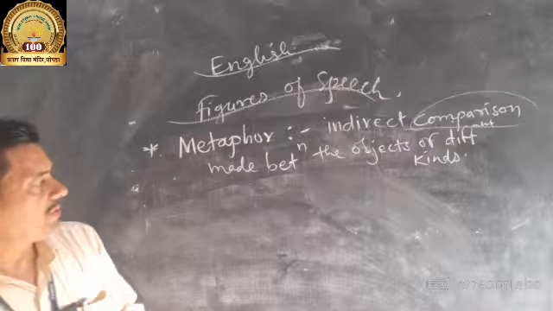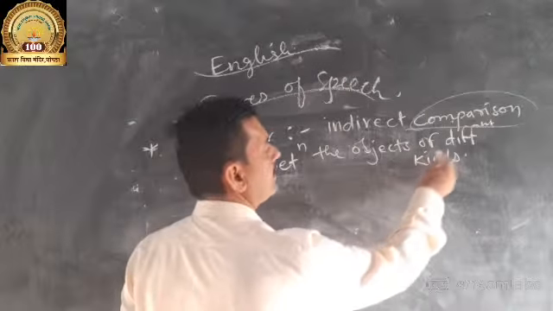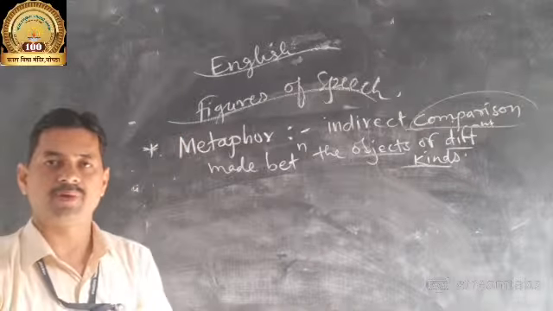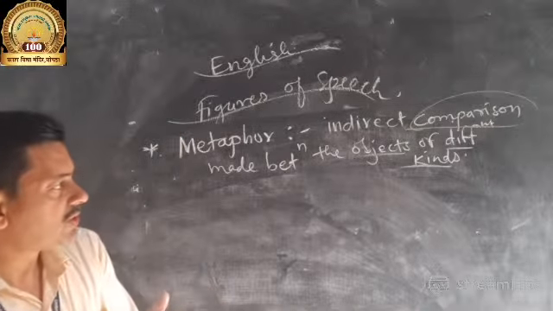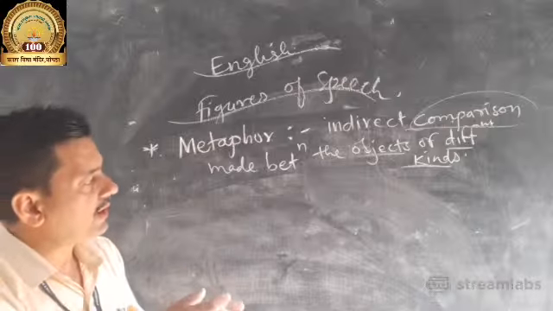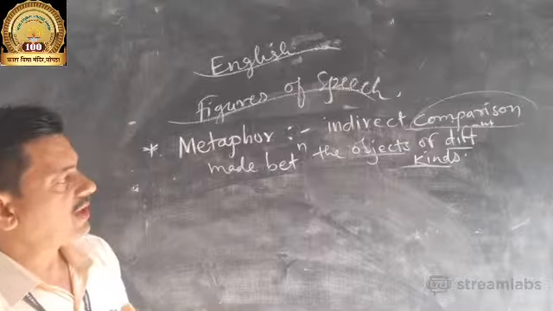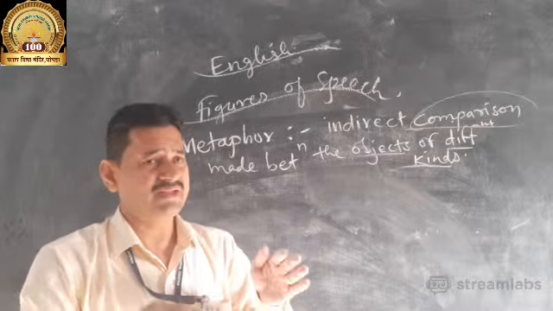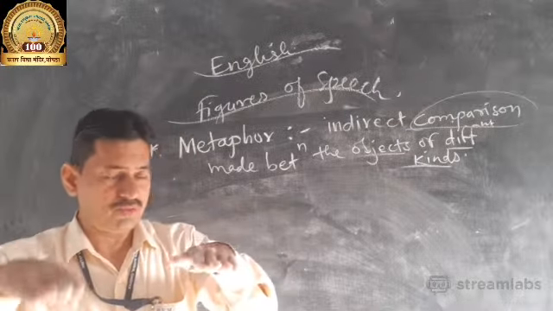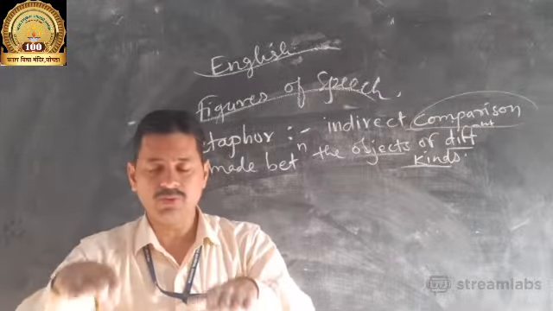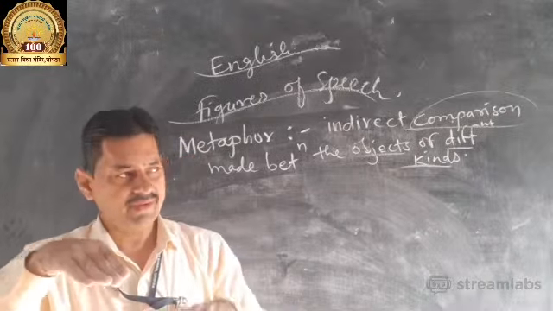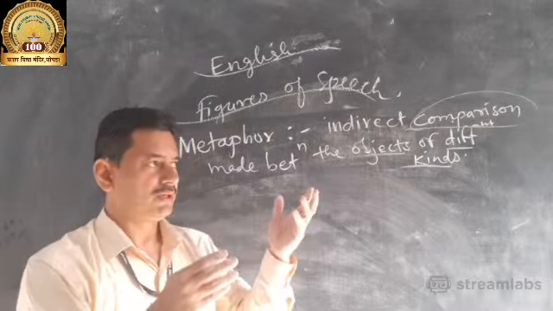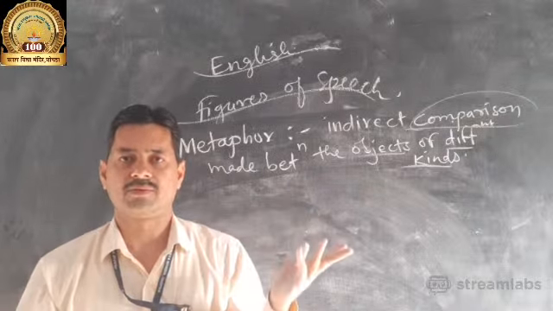You can find comparison between different kinds of objects. The objects which are compared with each other are of different kinds, not the same kind. Maybe there is comparison between human and animal, or between human and bird, or nature, trees, like that.